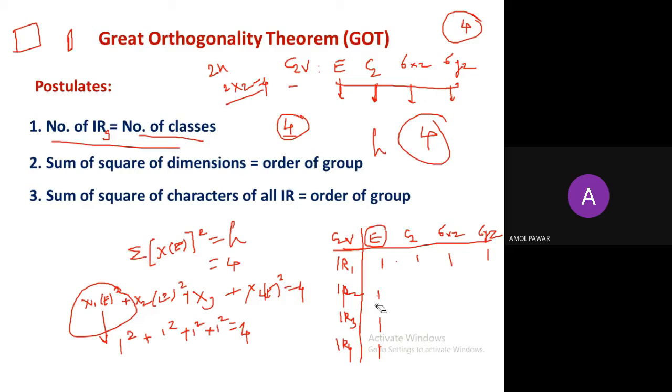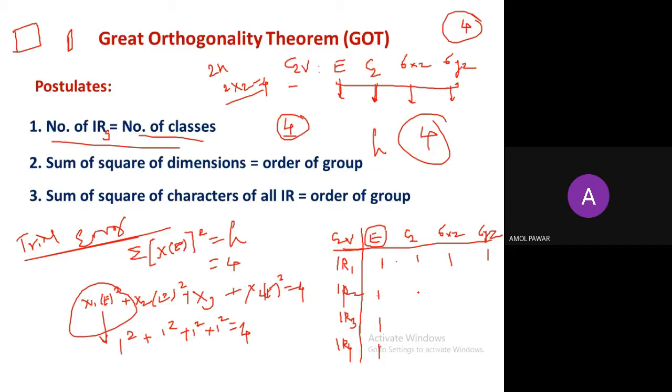Okay, see the construction of character tables. Construction of a character table is based on the trial and error method. We are trying to write the character numbers because we do not know which numbers are there, whether it is 0, plus 1 or minus 1.